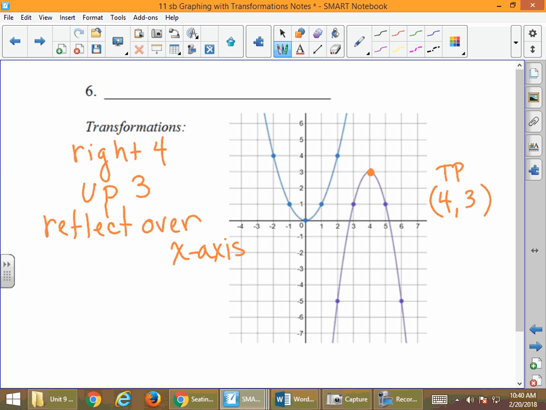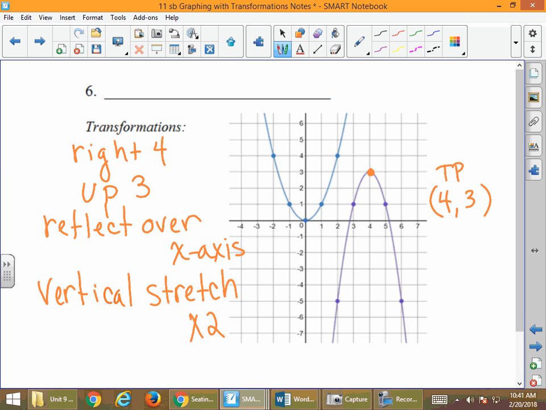As we look at the vertex, we went 1 space to the right, but we went 2 down instead of 1 down. So that does mean that we have a vertical stretch. And again, we were thinking that we'd only go 1 space down because of the reflection, but we went 2 spaces down, so this is going to be a vertical stretch by 2.